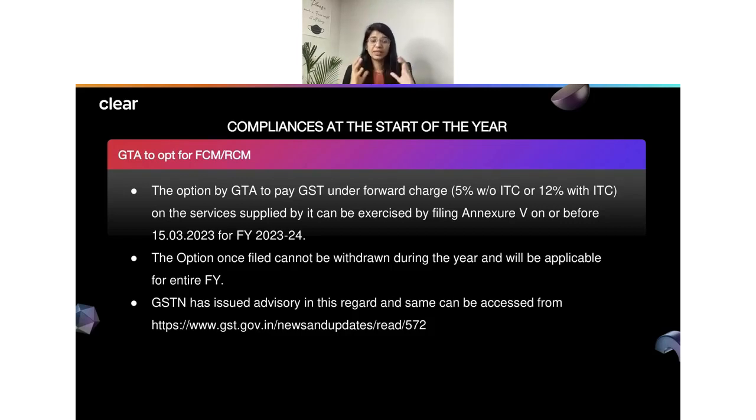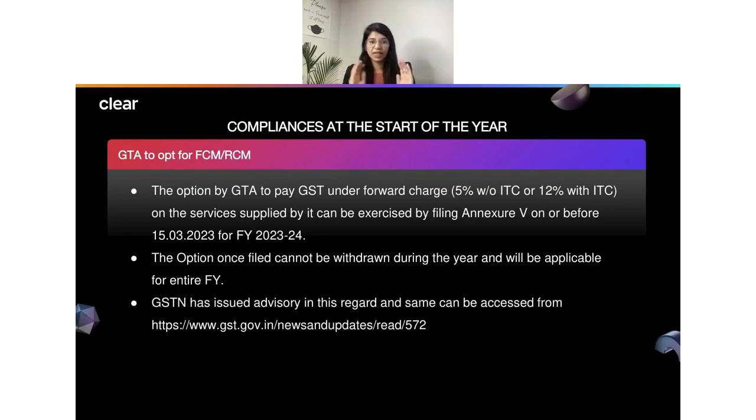So here the government says that the GTA has to declare by filing one annexure, which is Annexure 5, on the government portal. And this is easily available under user services. When you click on user services, there is a form called application for GTA where they have to declare that yes, I have opted for the forward charge.